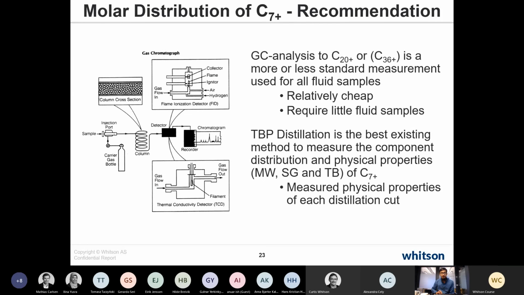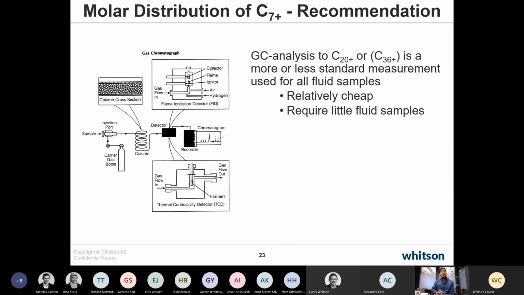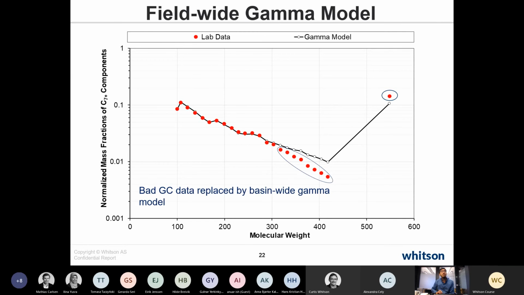Just an example like that, Bilal. A question we typically get at this point is, how do you know in this graph that it's the lab data that's wrong, and not the gamma model? Yeah, that's a very good question, and we get this question a lot. The reason we suspect the lab data and believe more in the distribution model is because we know the distribution model we have come up with is tuned to a very wide range of sample compositions.